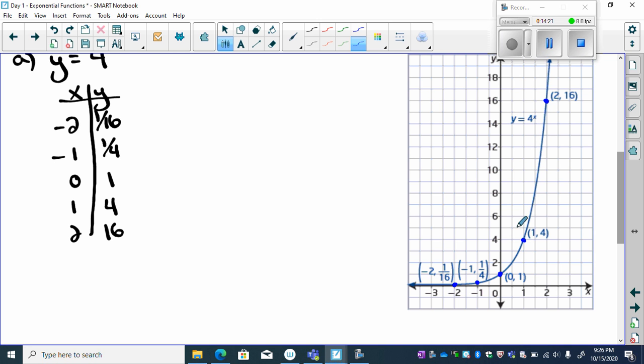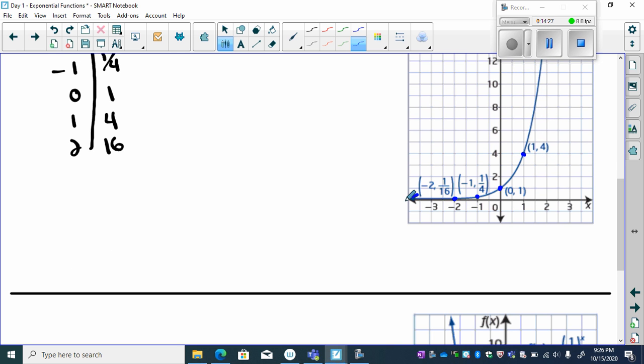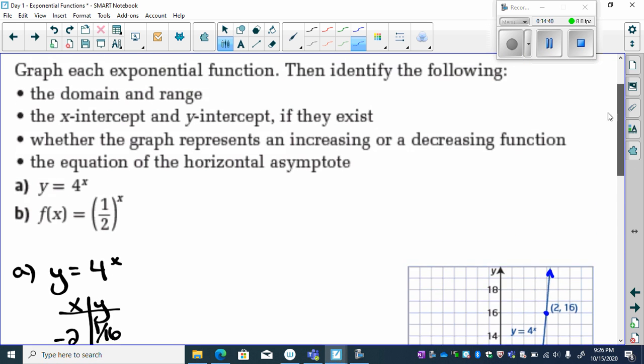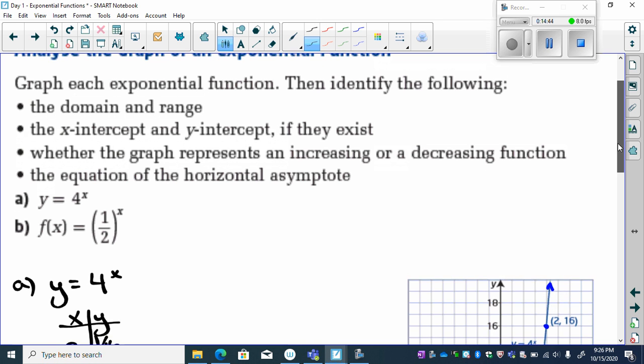And I join those with a smooth curve, and notice there's an arrow on both ends, and that is because the domain can be any x value at all, from -infinity to +infinity, where x belongs to the real numbers. Let's use the curve to help us answer this question.